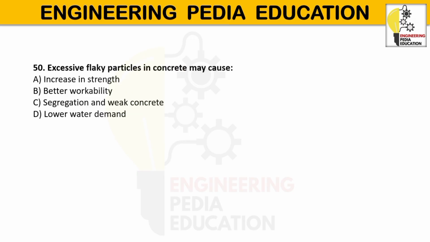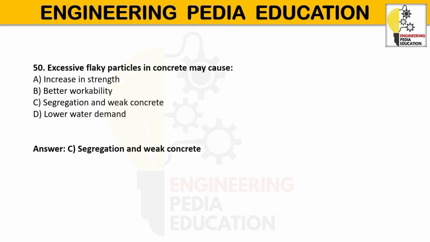Excessive flaky particles in concrete may cause increase in strength, better workability, segregation and weak concrete, or lower water demand. So the correct option for this is segregation and weak concrete. Why does this happen? This happens because when the particles are flaky, they create several problems in concrete and road construction.